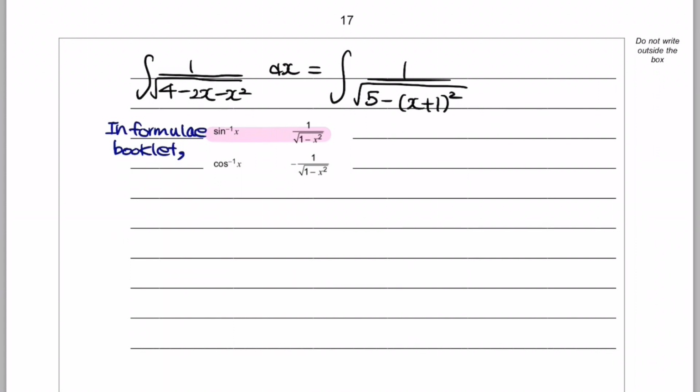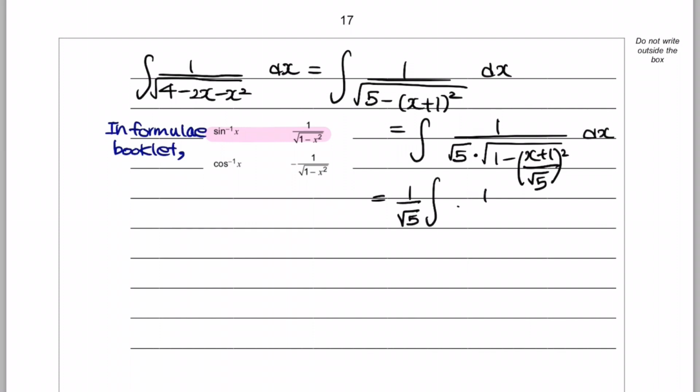So for our case, it's very similar to the inverse sine differentiation result. But we don't have 1 in front of something squared, so we're going to pull out the root 5 in front of the denominator. That will give you root 5 times the square root of 1 minus ((x plus 1) over root 5) squared. 1 over root 5 moves out from the integration, and then it gives you that left.